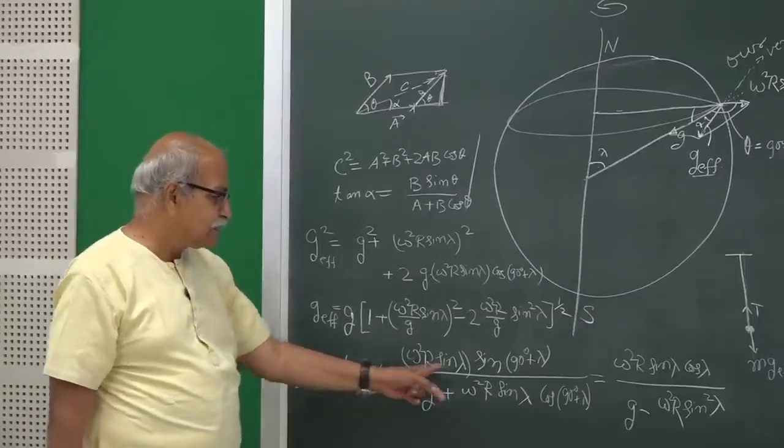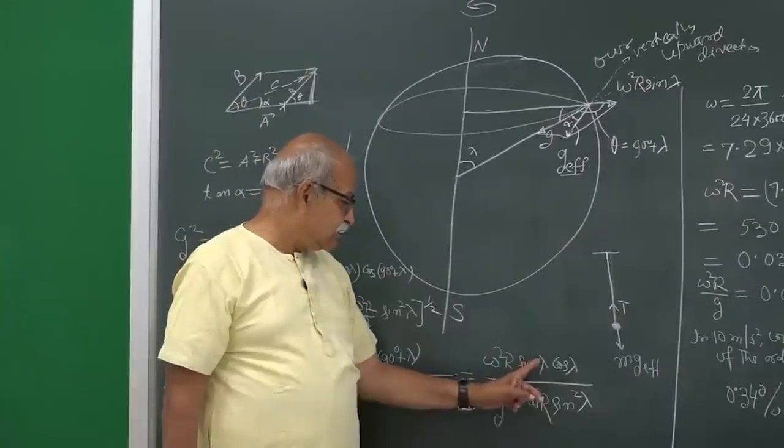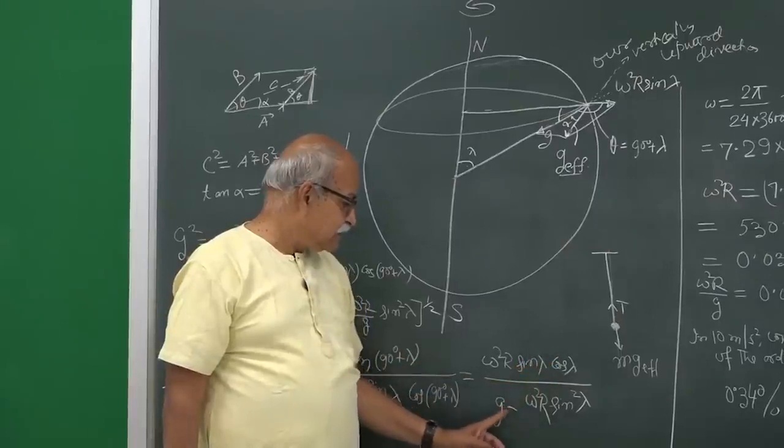So, this is here omega square r, and then sin lambda cos lambda, g minus this.